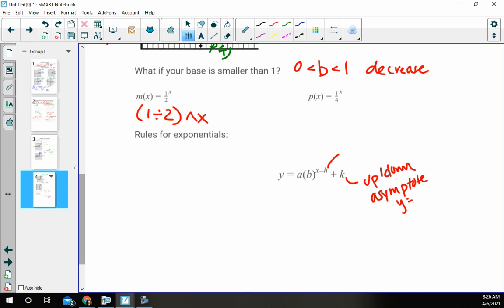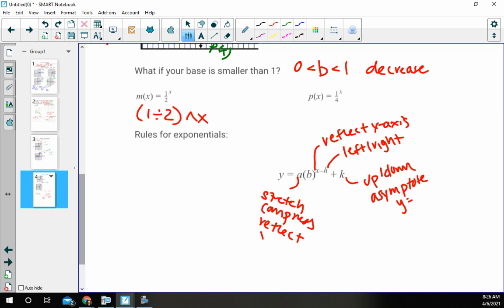Okay, what does the h do? Left, right, opposite of what you think. Okay, we have our reflect y, still up with the x. We have our stretch, our compress, and our reflect x-axis. This b is the base. It does not do anything other than tell you if it's increasing or decreasing.